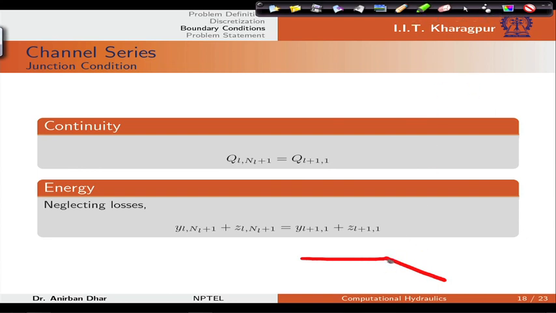If you have two z values available for this section, then for these two channels at this section we can consider that the z values are different. Otherwise, if both the points are the same points, we can neglect this elevation and just equate the flow depth here.